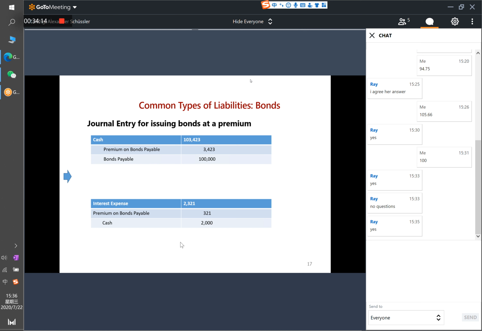Yeah, this is the par value. But the firm gets more cash, 103,000. So why can firms issue bonds at a premium? Do you have an idea?